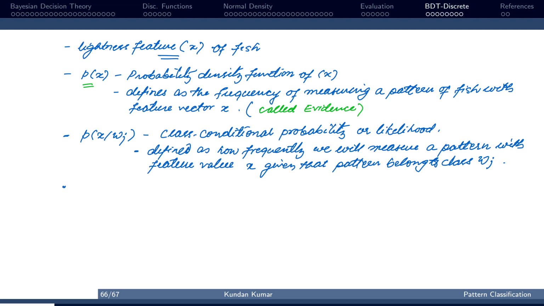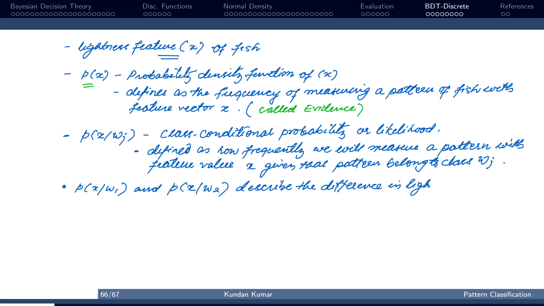So here the class conditional probability of class 1 and class conditional probability of class 2 describe the difference in lightness between the population of sea bass and salmon.